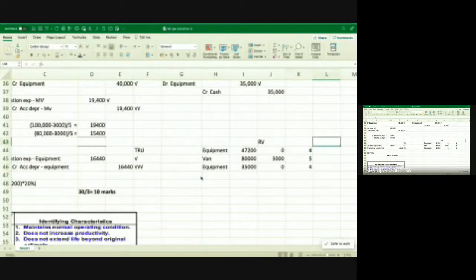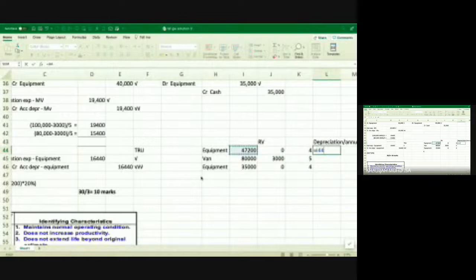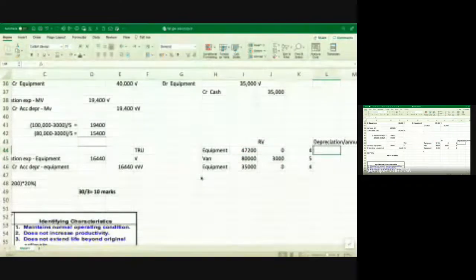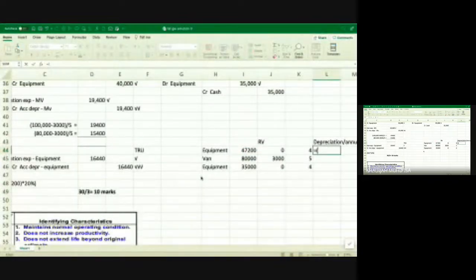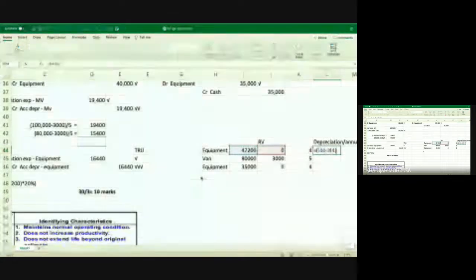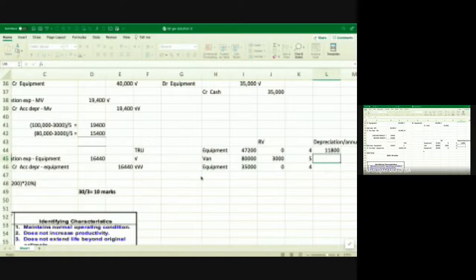So the depreciation per annum would be the cost minus residual value divided by number of years, right? Yes.